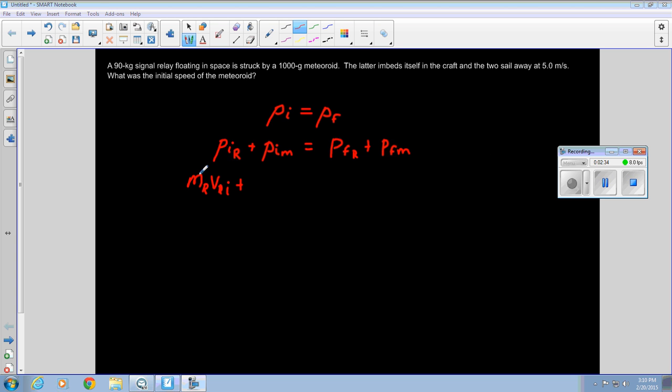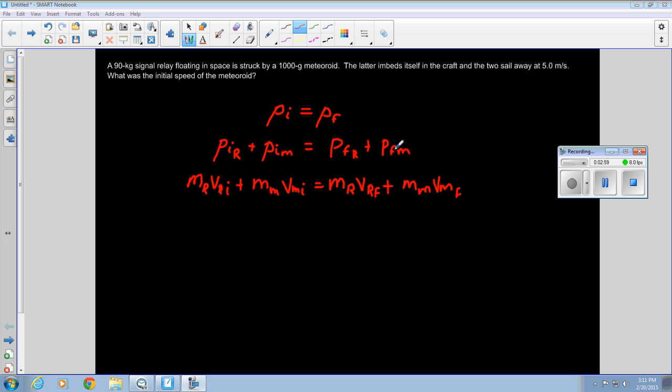This expands to mass of the relay times velocity of the relay initial. This expands to mass of the meteoroid times velocity of the meteoroid initial. Again, this one expands to mass of the relay times velocity of the relay final.